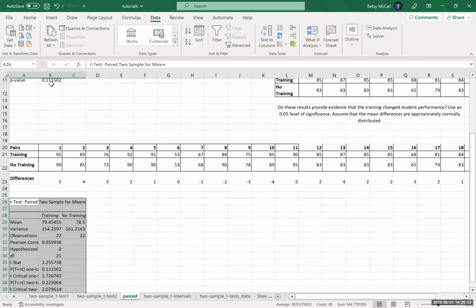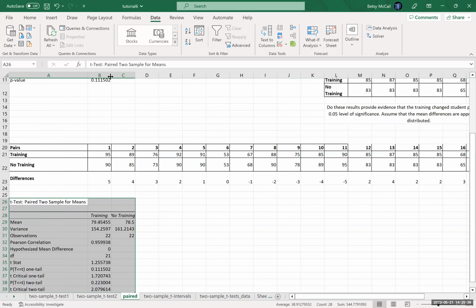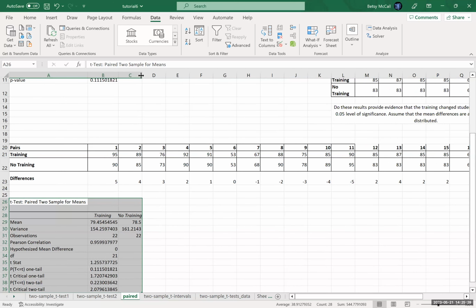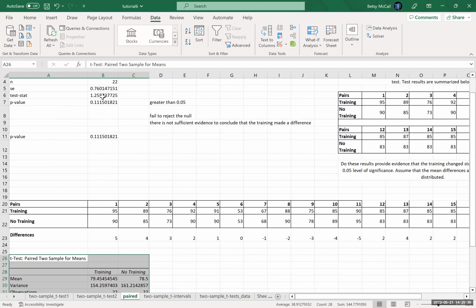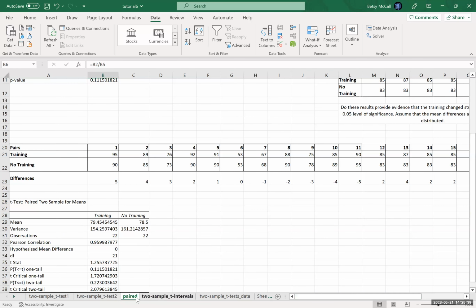Now, the nice thing about the data analysis tool pack is it's a good way to confirm some things. So for instance, we calculated our test statistic right up here, and we calculated our p-value, and both those values are right here. We can see it matching, but it also calculates a bunch of other statistics for us in case we needed that information.